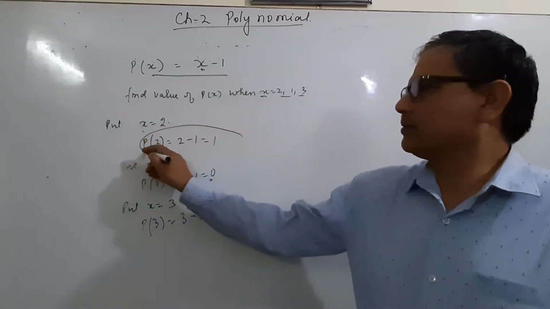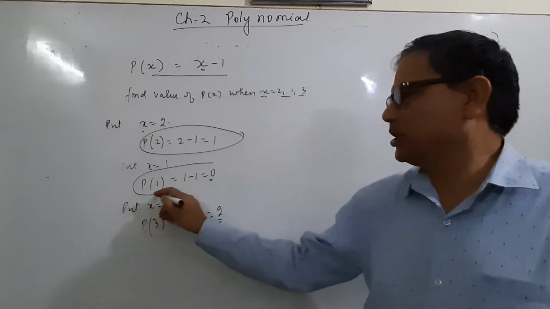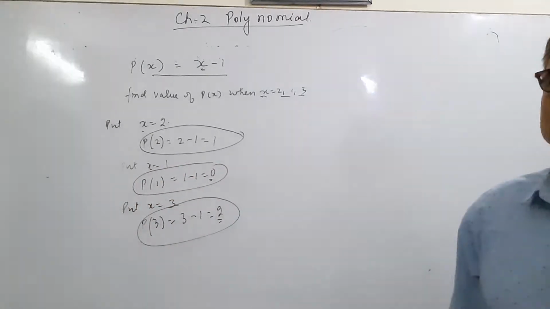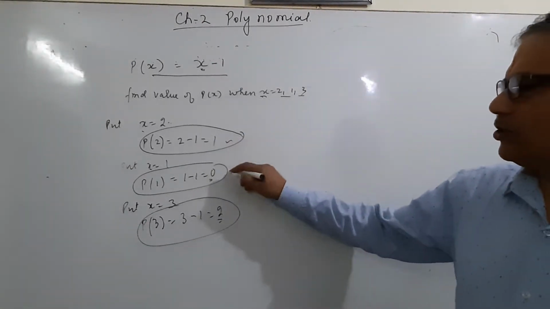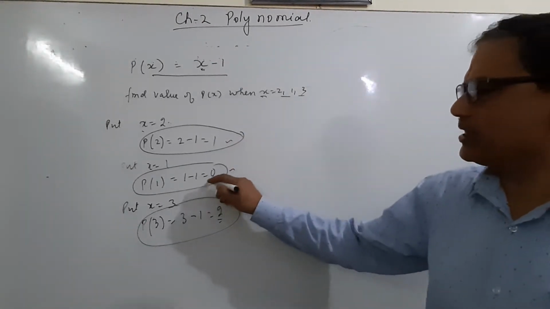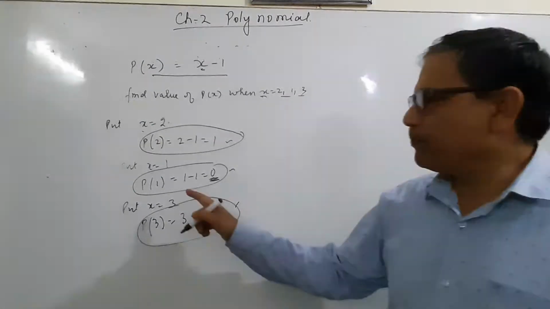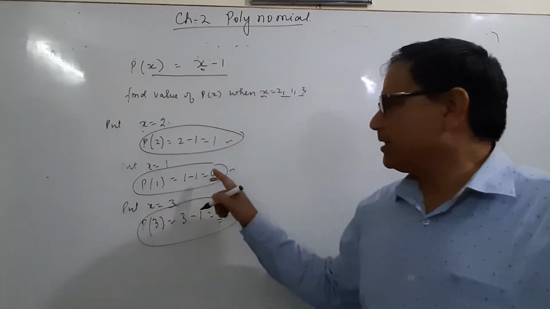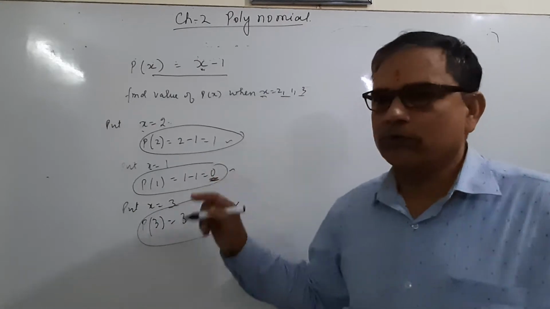If we check these, here are 1, 0 and 2. It means in the second part, when we put the value of x equal to 1, then the value of the polynomial is 0.